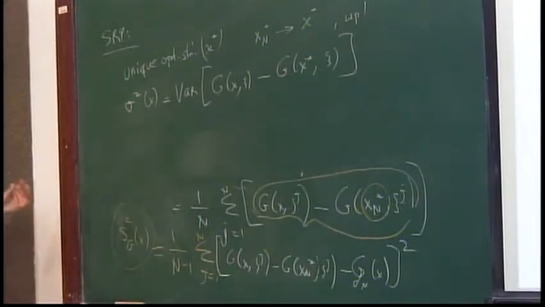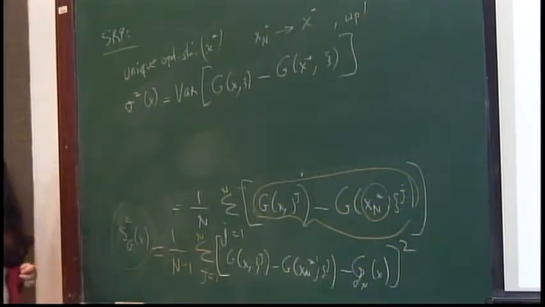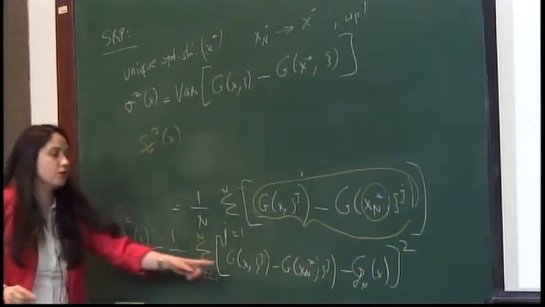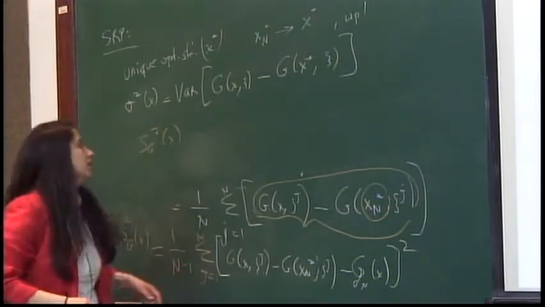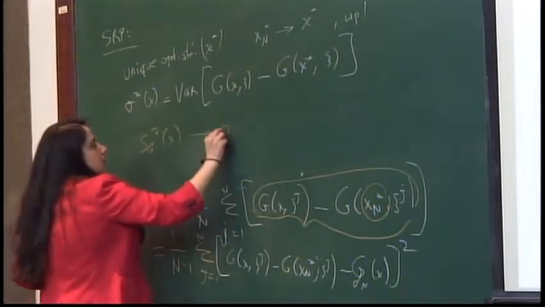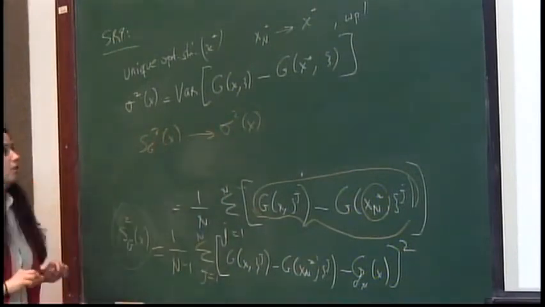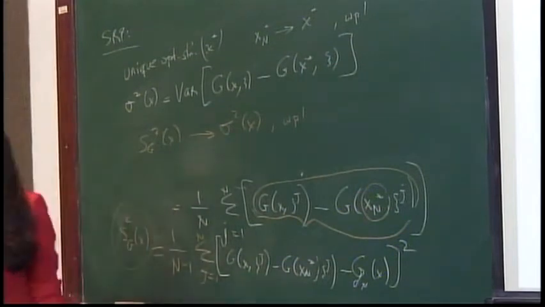So under certain conditions, you can show that this estimator will converge to that with probability 1, even though you don't have independence anymore, okay? It's possible to show this will converge to that with probability 1, okay?